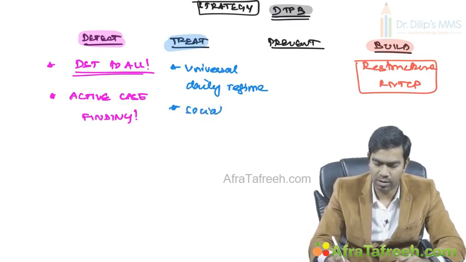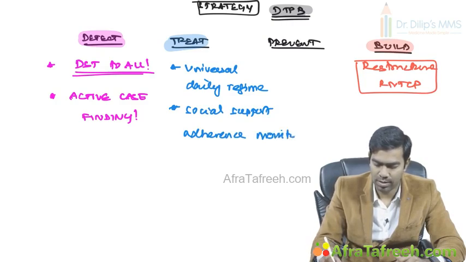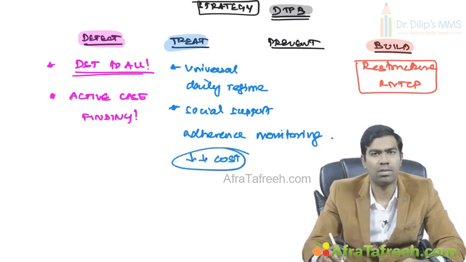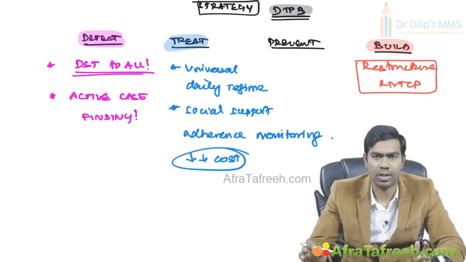And we are planning to give social support to the patients who are suffering from TB, and their adherence also has to be monitored. That's called adherence monitoring, and you have to reduce the cost, and this has been there for a long time. Any patient who visits the public sector for ATT is going to get these drugs for free. There's no doubt about that.